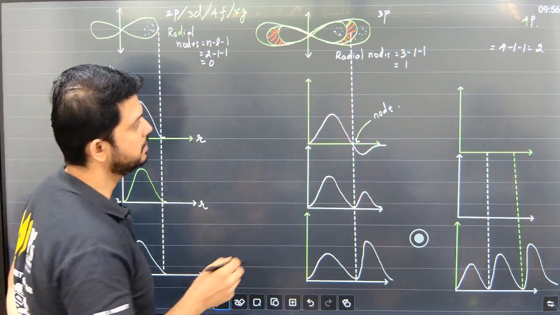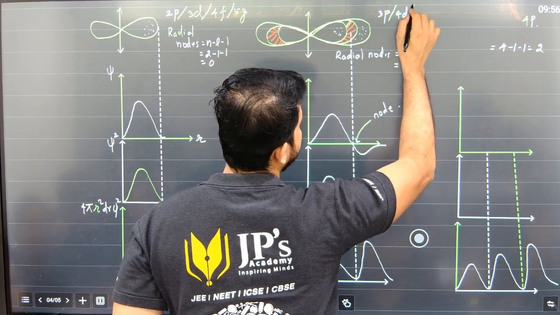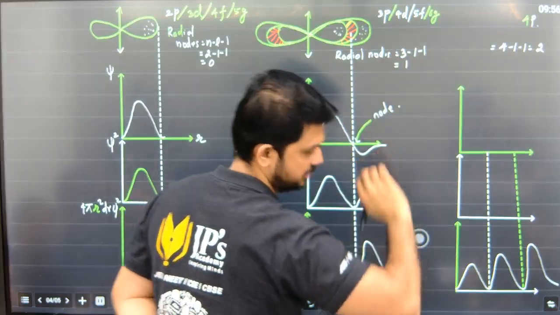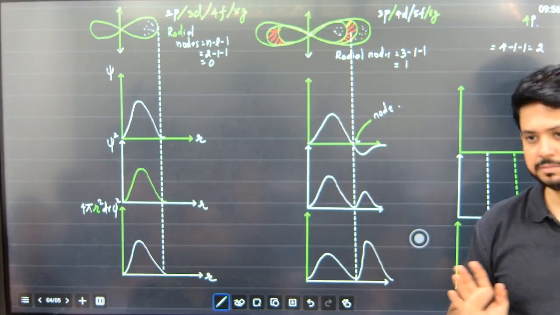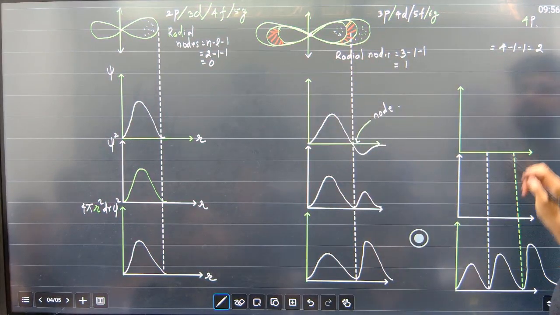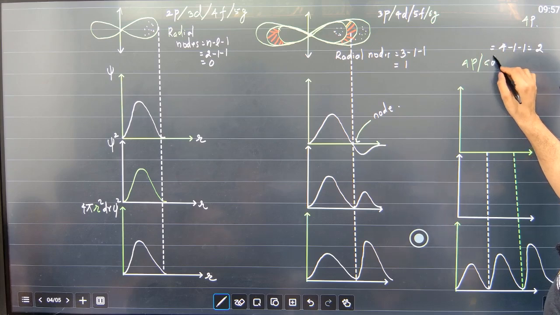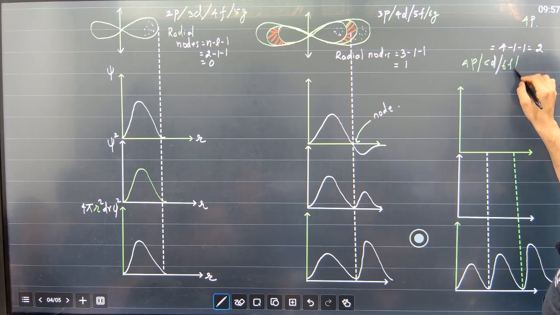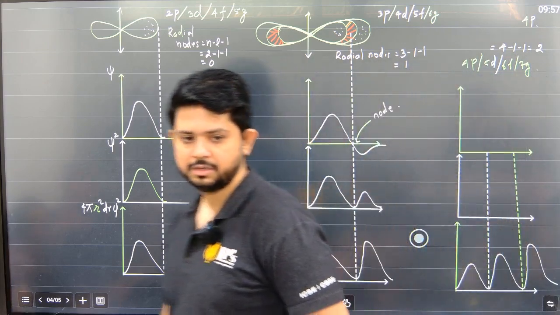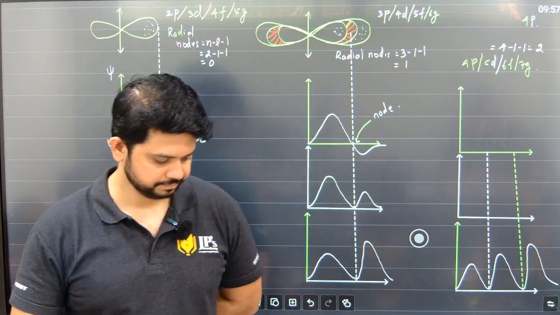Similarly 3p, then 4d, 5f, 6g. You get the idea. Exactly the same plots. And last, this plot was for 4p, then 5d, 6f and 7g. Did you people get that? Okay, come on.